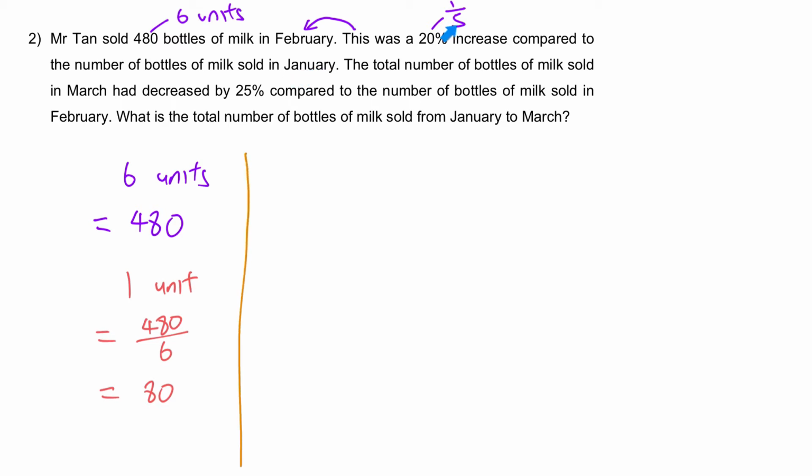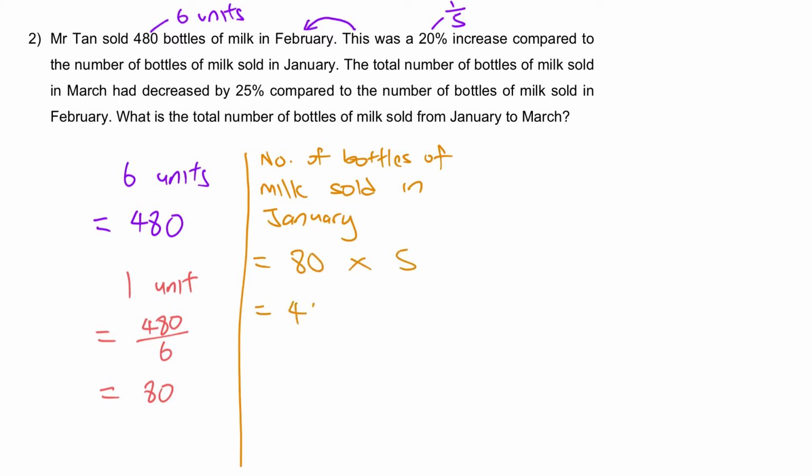Since January is 5 units, right? So we're going to times 5. Number of bottles of milk sold in January, which is 5 units again. So 80 times 5. That will give you 400.